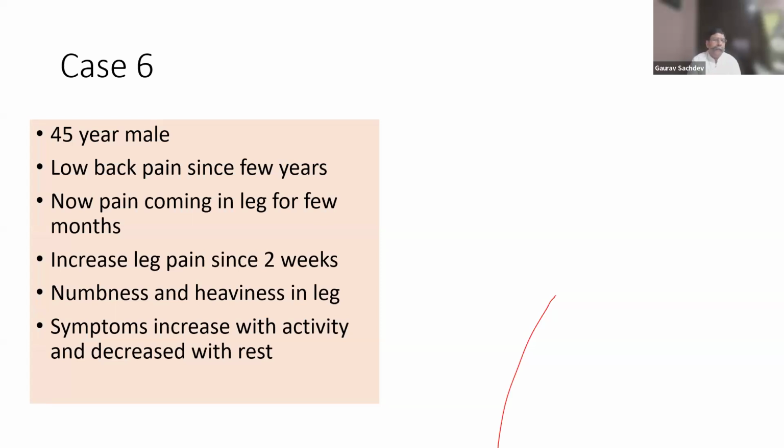Simultaneously we need to taper off all these anti-inflammatory measures, which we have taken in the form of painkillers or heat or cold. Ultimately the patient has to go on exercises along with posture care, which is very important. That depends on your work profile.